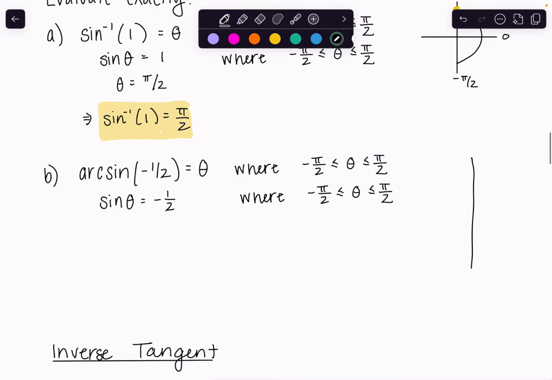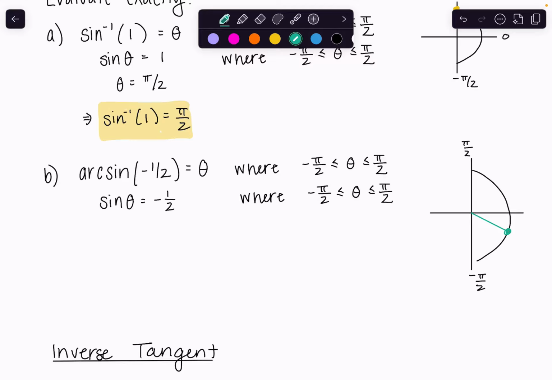So utilizing our unit circle, we are looking at the right half here. To get that fluid motion, we're starting down here and going up to pi over 2. For sine of theta to be negative, that needs to be somewhere down here in quadrant 4.